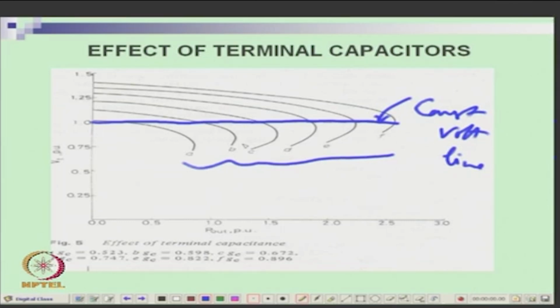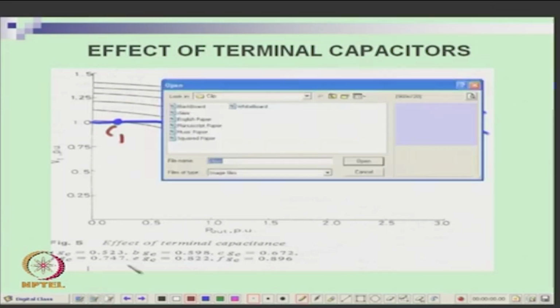So, what should the arrangement be? At no load you can use this capacitor C1. At this load you want C1, as the load increases maybe you would prefer C2, and here maybe C3, at this load C4, C5, C6. Is it clear?